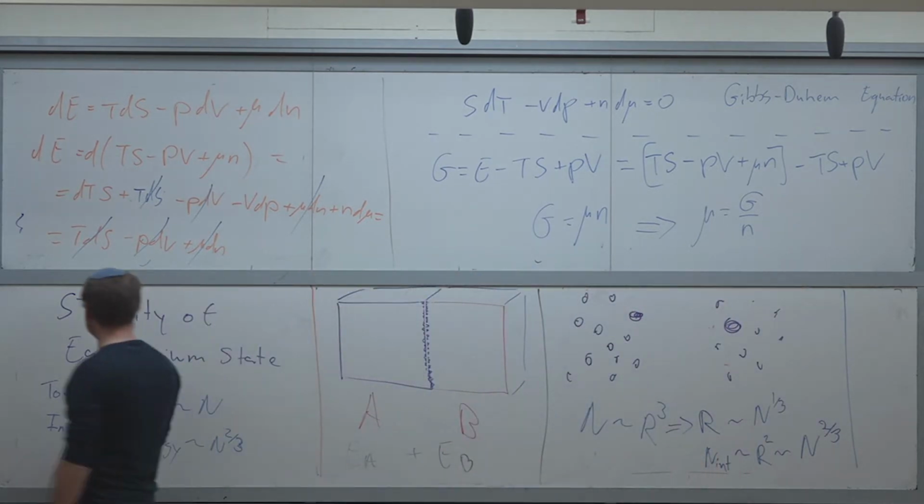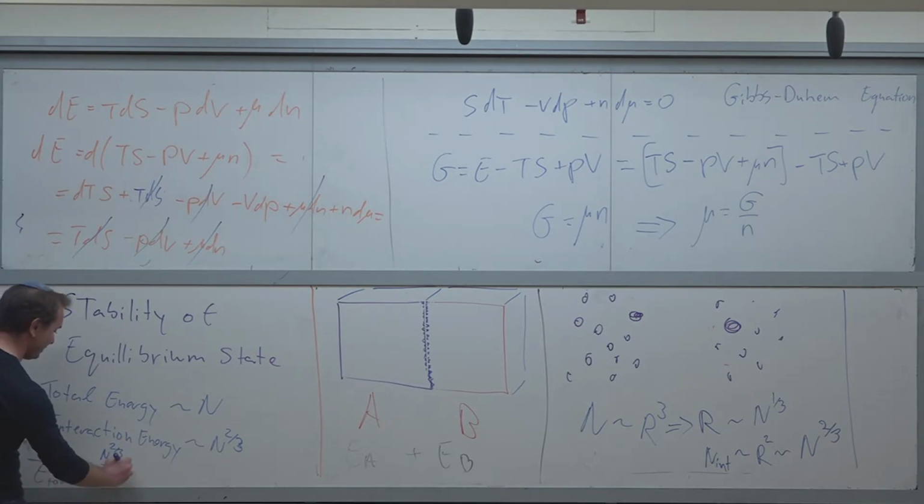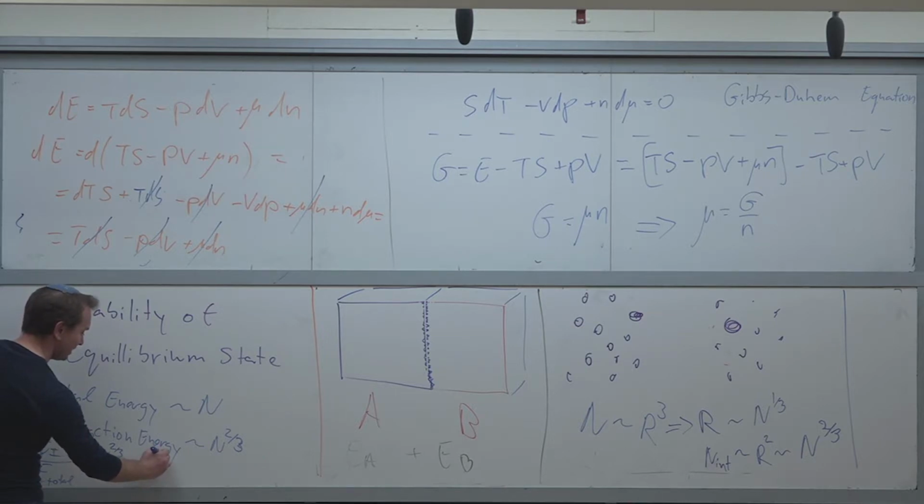So if I divide the interaction energy by the total energy, energy of interaction divided by E total, it is n to the 2/3 divided by n, which is n to the minus 1/3.